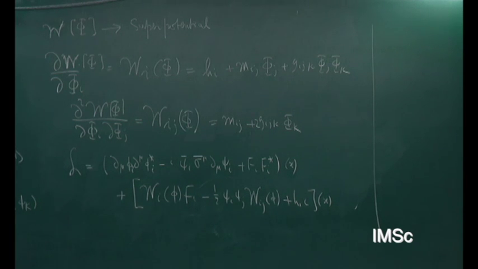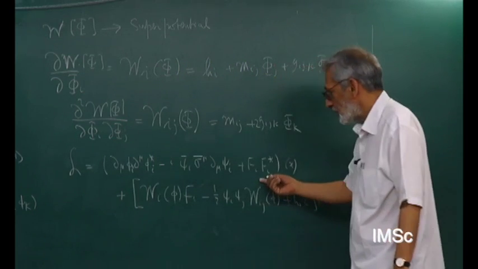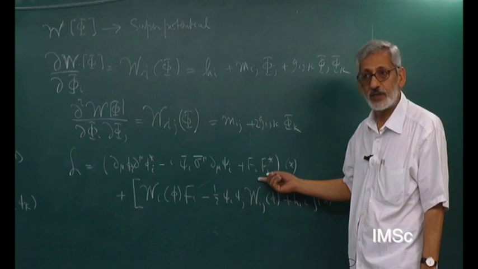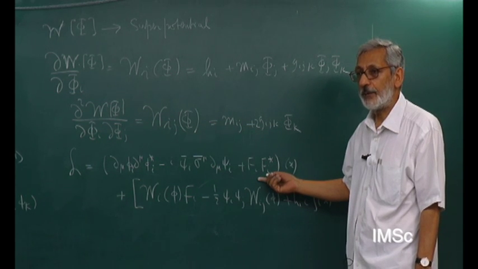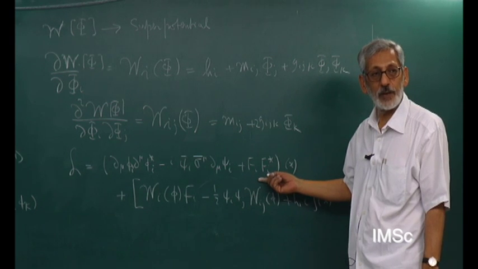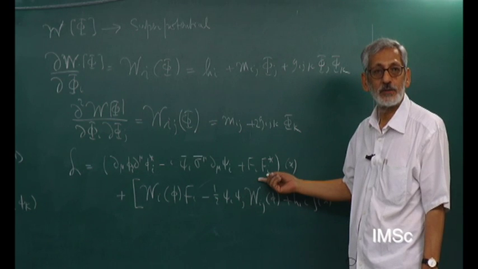So F cannot be a dynamical field, which is what I have been saying all along. And this is an explicit construction now. F are non-dynamical, which means they don't have equations of motion with time derivatives in them, but they have equations which control them, which don't have time derivatives in them, which means they're controlled by constraint equations.